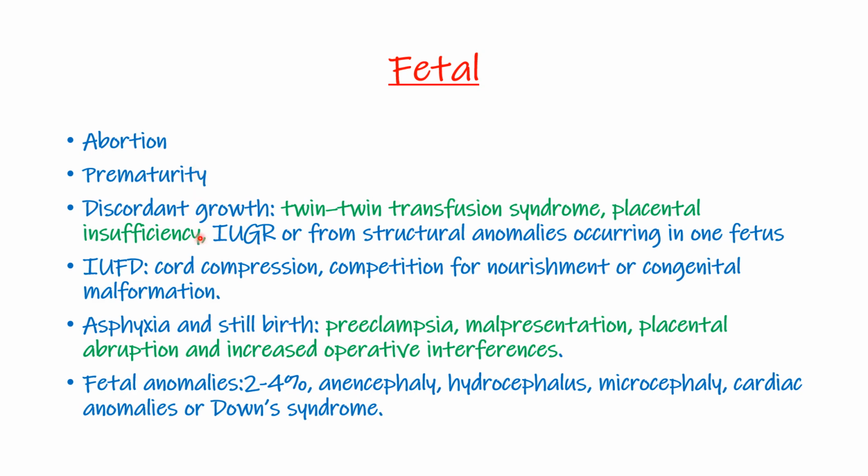You can have discordant growth, that is twin to twin transfusion, which we'll talk about later, placental insufficiency, intrauterine growth restriction, or structural abnormalities occurring in one fetus. Intrauterine death can occur if we have cord compression, competition for nourishment, or congenital anomaly. Asphyxia and stillbirth can occur when we have, for example, preeclampsia, malpresentation, placental abruption, and increased operative interferences.